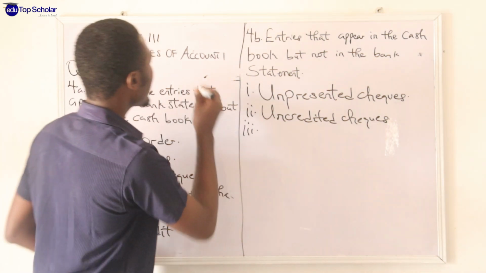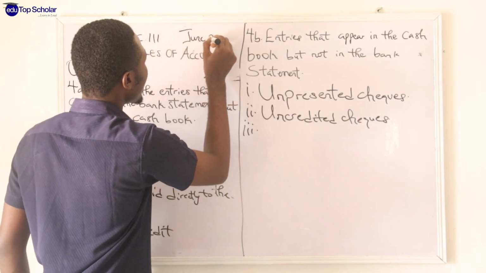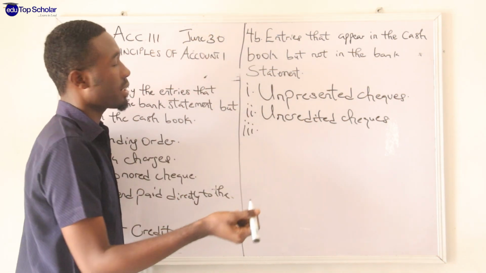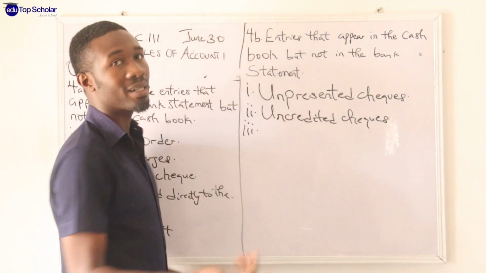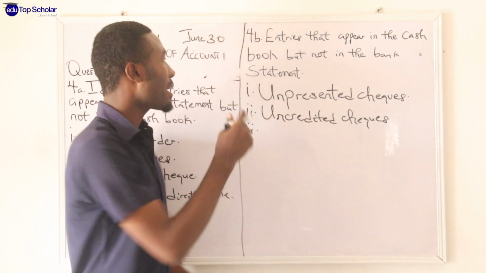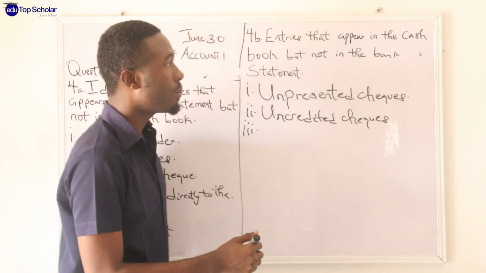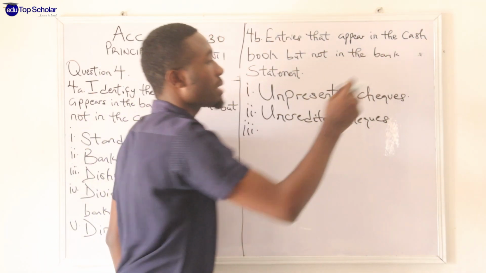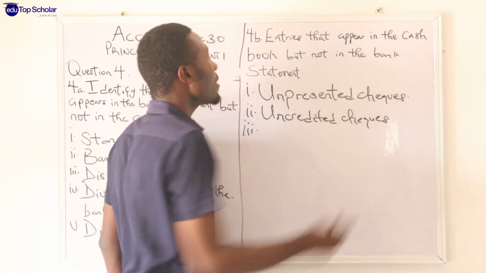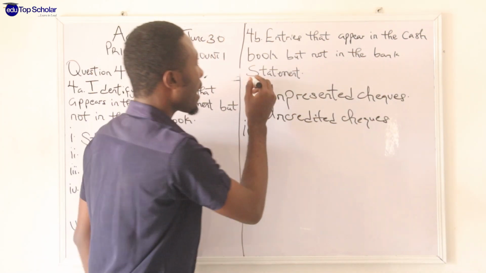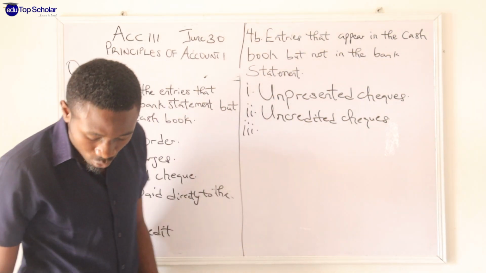So say, like we used on June 30, you issued a check to somebody and the bank has received it, but they have not credited the account of the person that you asked them to. In this case, it will appear in your cash book as a payment, but the bank is yet to pay it, so they will not record it, so it will not appear in the bank statement.